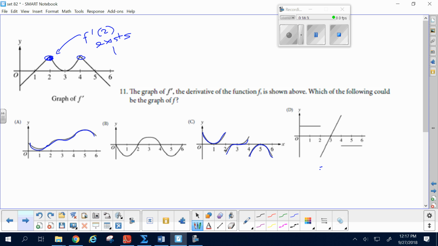And if f prime at 2 exists, then f at 2 must be continuous. And the only way that works is that way. This has the right shapes, but there's no way you can have those breaks in the graph of f and have the derivative exist at those points. And the derivative clearly does exist at those points, right? You with me? Okay.